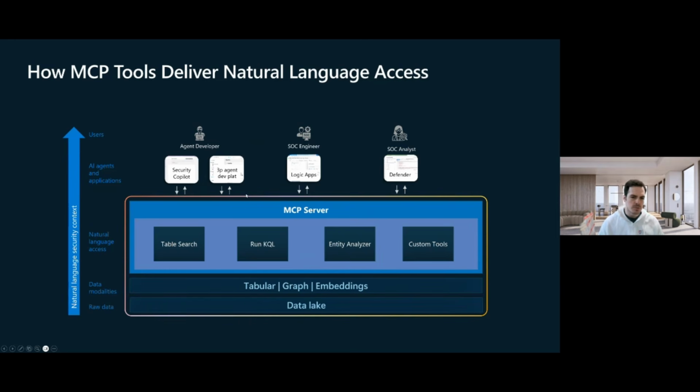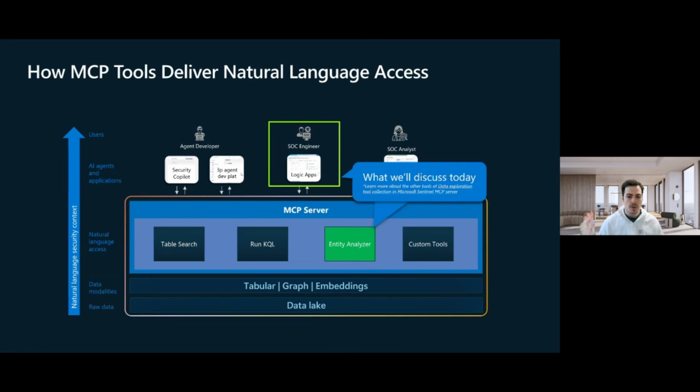We expose these tools through a couple different avenues. We expose them to agent developers in Security Copilot, in Foundry, in Copilot Studio. We also expose them in some third-party platforms like ChatGPT. We expose them in Logic Apps for those traditional SOAR workflows, and we even make some of the experiences embedded in Defender. Like I said, today we're going to specifically discuss the Entity Analyzer in Logic Apps and show how you can build a SOAR workflow.